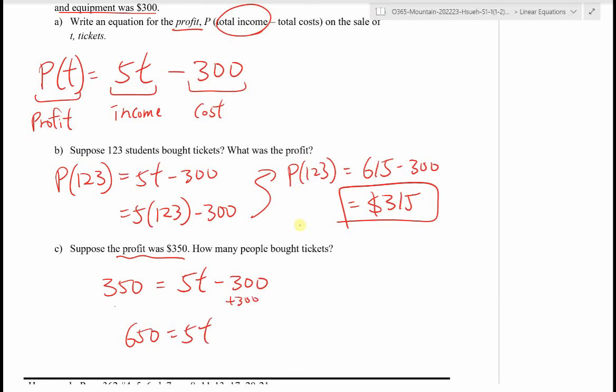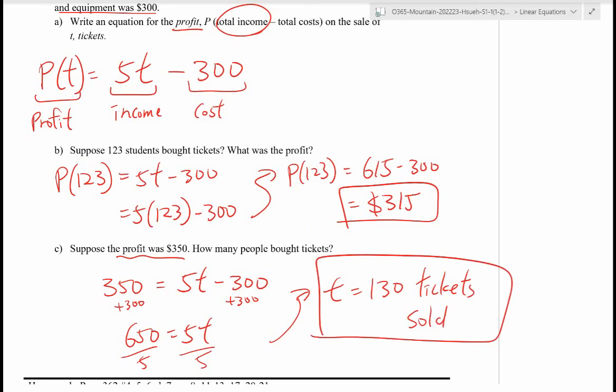Divide both sides by 5, and you get T equals 130 tickets sold. Assuming a person can only buy one ticket, that means 130 people bought the tickets.